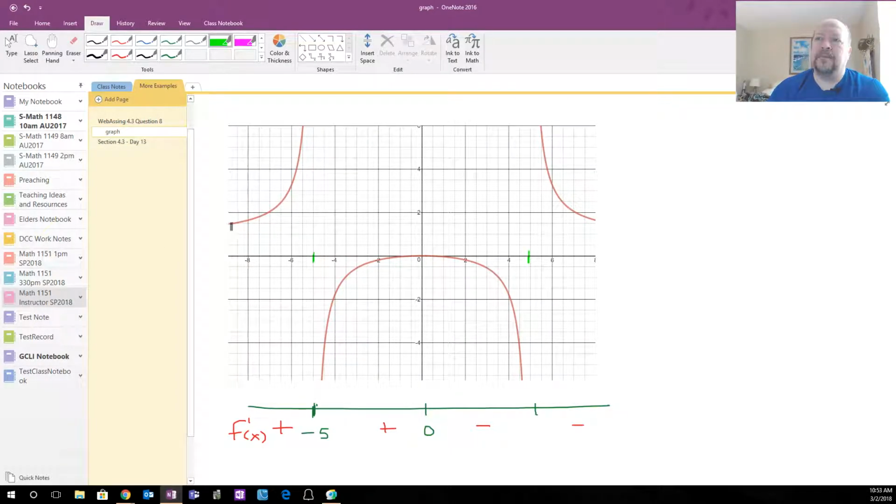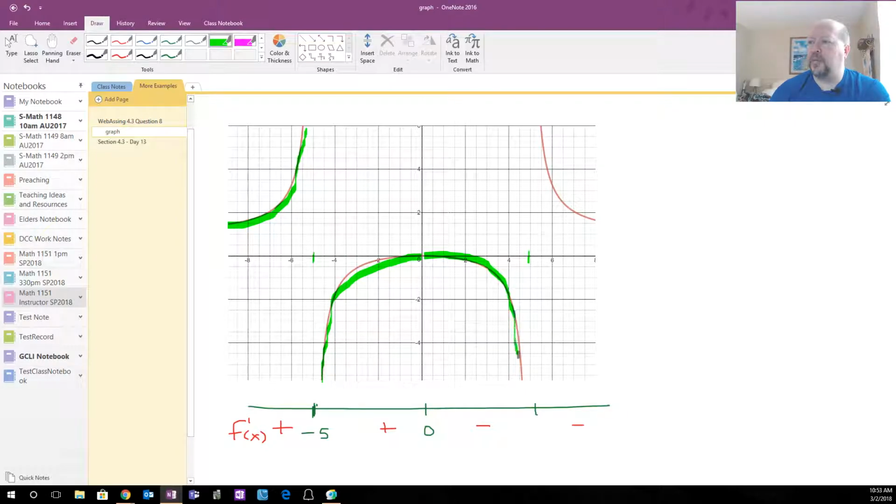As I go from negative infinity to negative 5, what's happening with the function? It's increasing, and that's why I have a plus sign here. That means the first derivative is positive if the function is increasing on the interval. Then we have a vertical asymptote at negative 5, so nothing's there. But as we pick up and keep tracing, we're moving up, so the function is increasing until we get to 0, and that's when it switches over to decreasing.